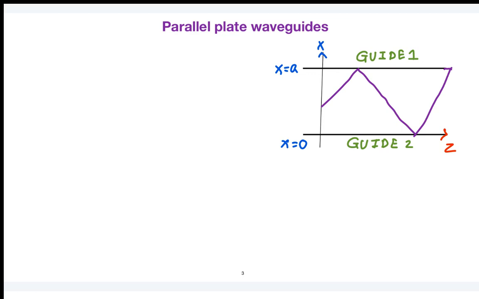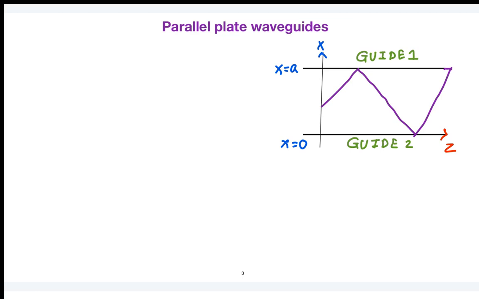So the whole signal that enters here is reflected back. Again, this is also a conducting surface, so it re-reflects. That is how the uniformity is maintained in a parallel plate waveguide.